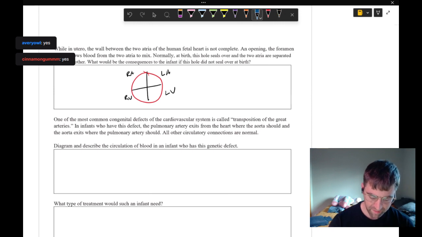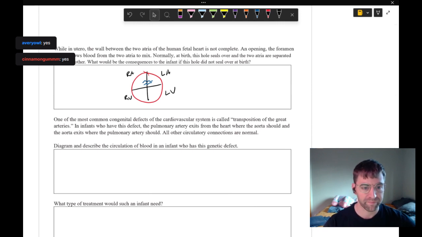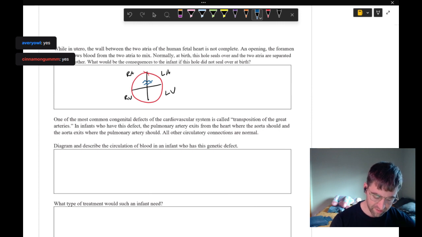So basically, what we're talking about is a leak between atria, right? If this doesn't seal, oxygenated blood from the lungs in that left atrium would mix with the deoxygenated blood in the right atrium.